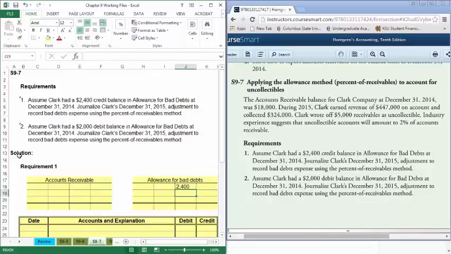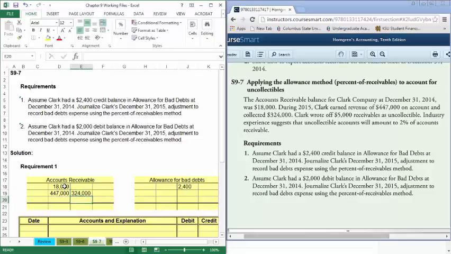We have to figure out first how much we have in accounts receivable before we can do the 2%. So it says that they had a balance of $18,000 and they earned revenue of $447,000. So that's an addition. And they collected $324,000. And they wrote off 5,000 of the receivables.